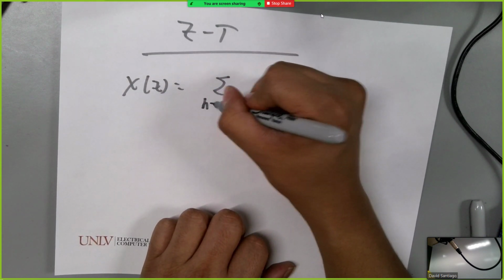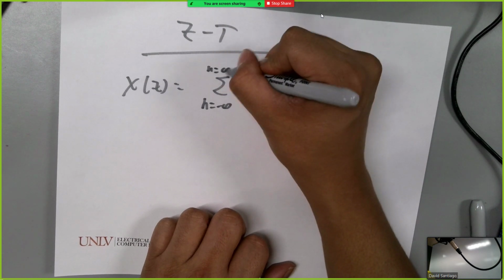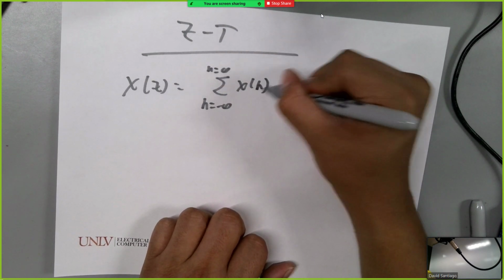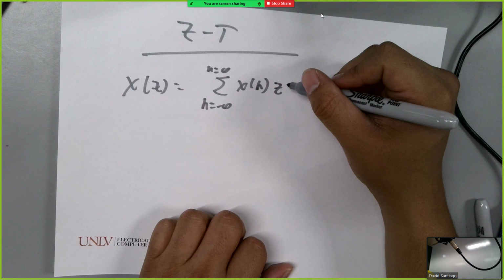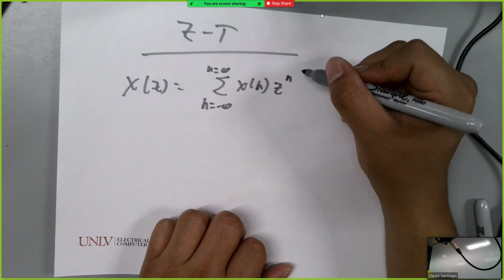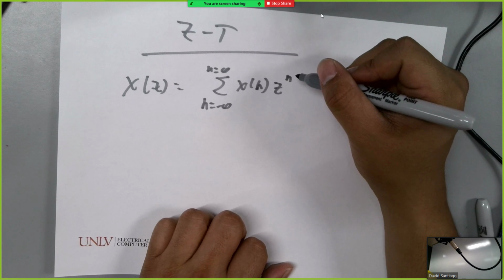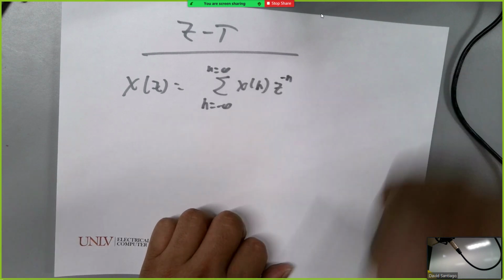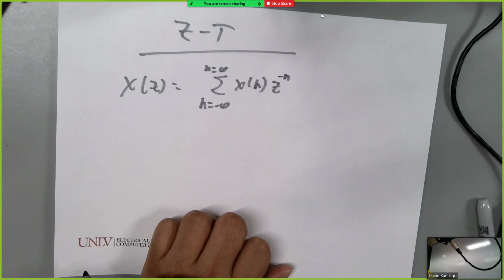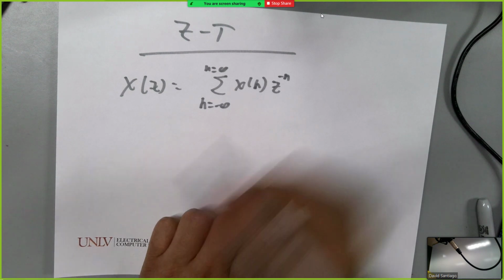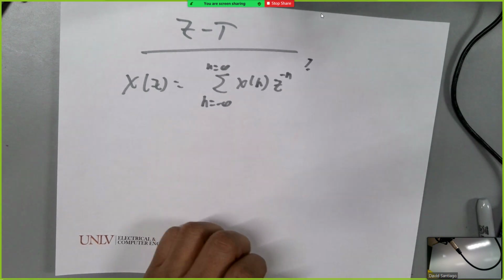We're analyzing the entire signal of x of n, and then we multiply it with z to the n? Or was it z to the minus n? Minus n? I don't remember. You guys should remember.